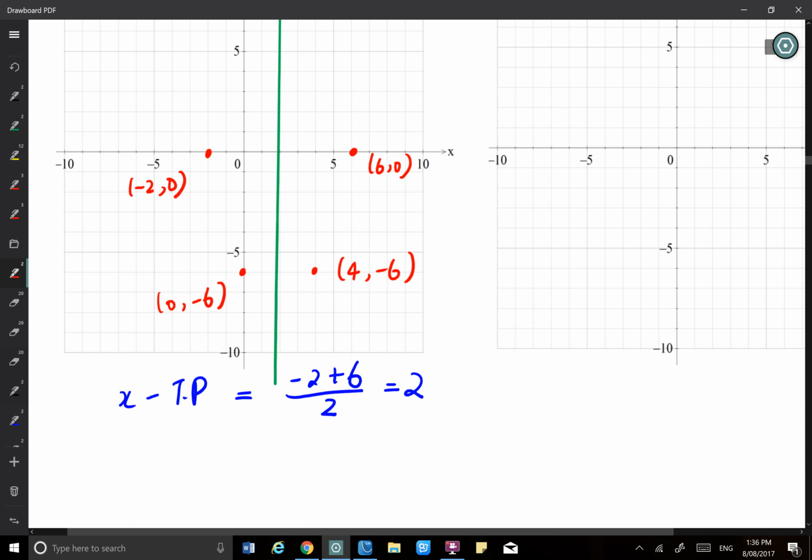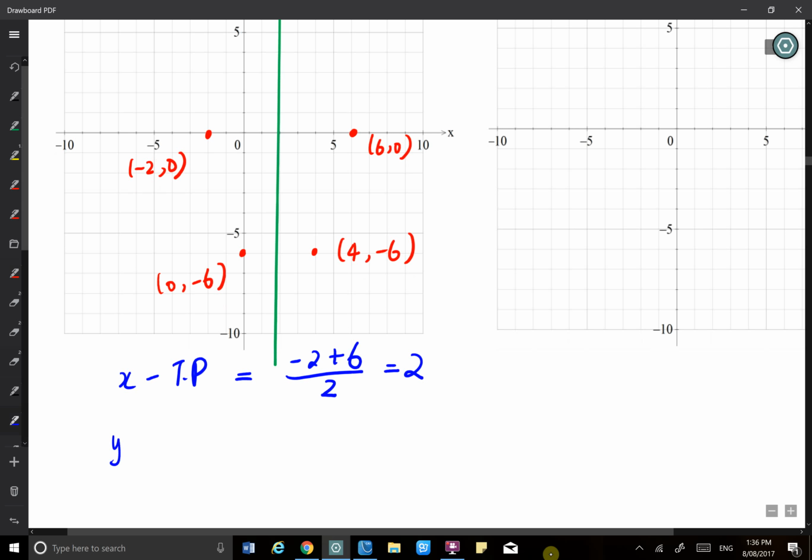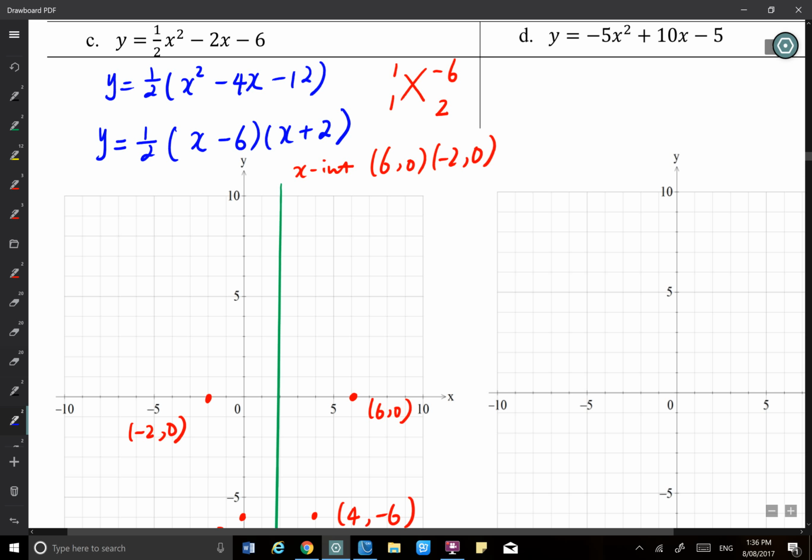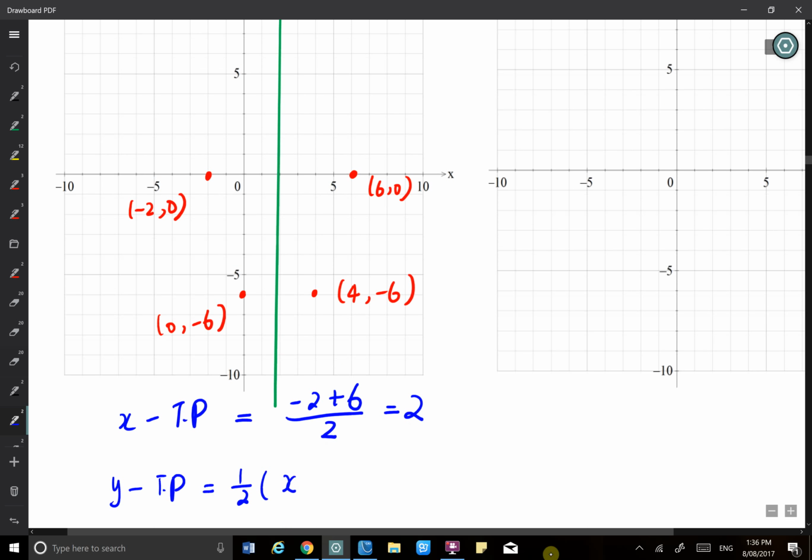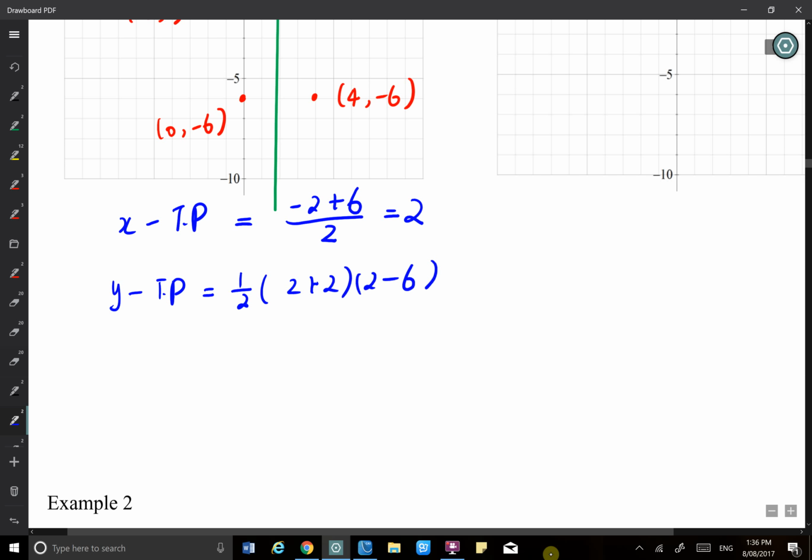Then the last thing is to find the y coordinate of the turning point. Do not forget your half, the half must be there. And you have x plus 2 and x minus 6, so it's 2 plus 2 and 2 minus 6. Half times 4 times minus 4, and that's minus 8.